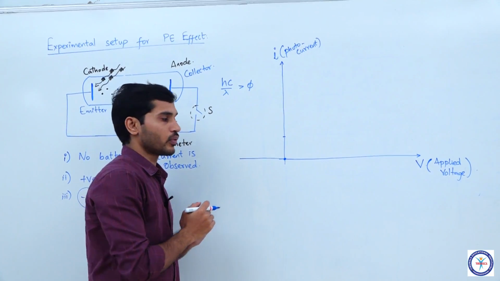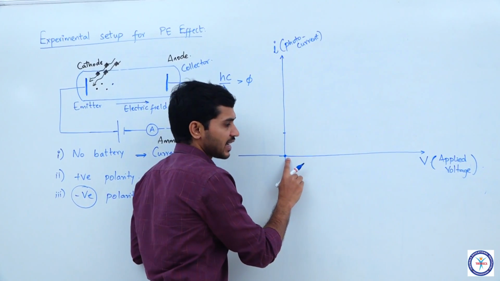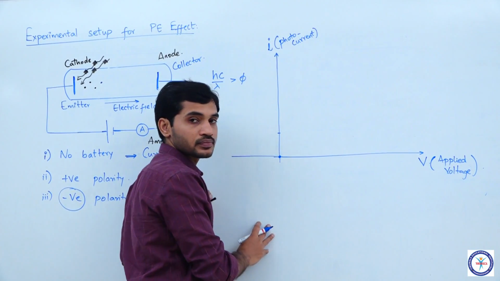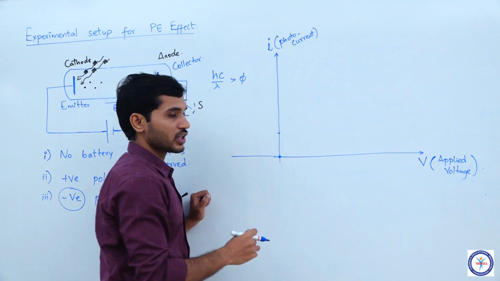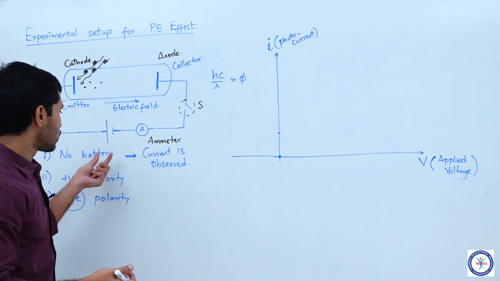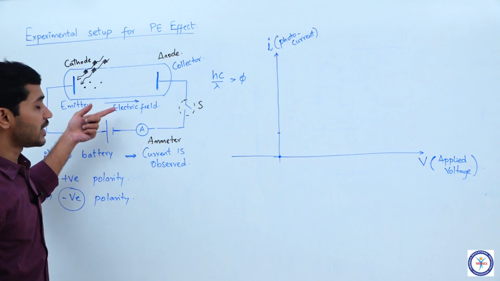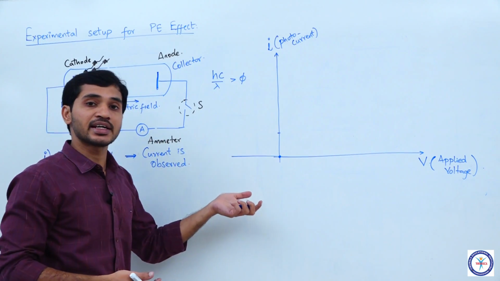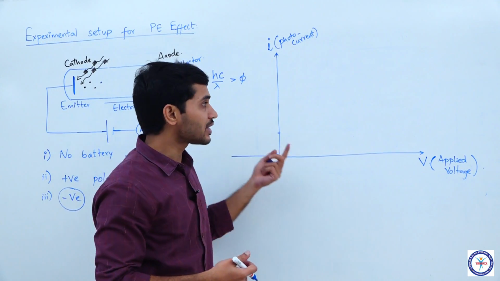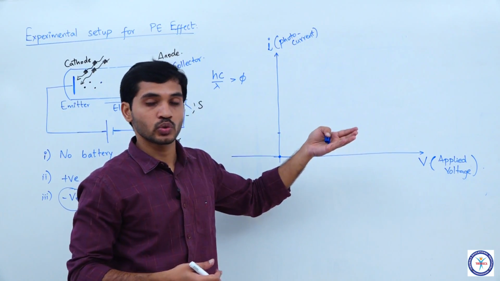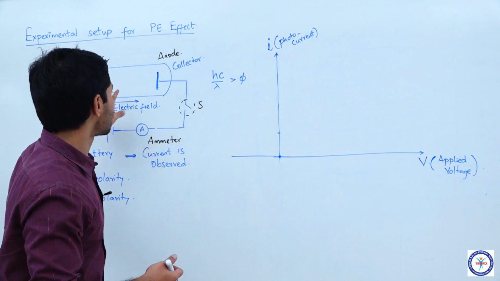Okay. Now, we have observed that as I increase the applied voltage with the positive polarity, the electric field which developed in that scenario was helping the electrons to move further towards the anode. That is what we have discussed here.